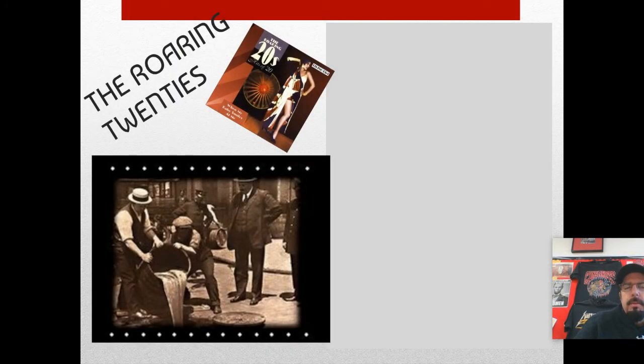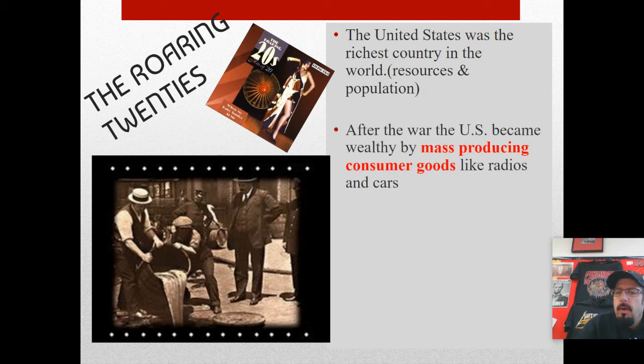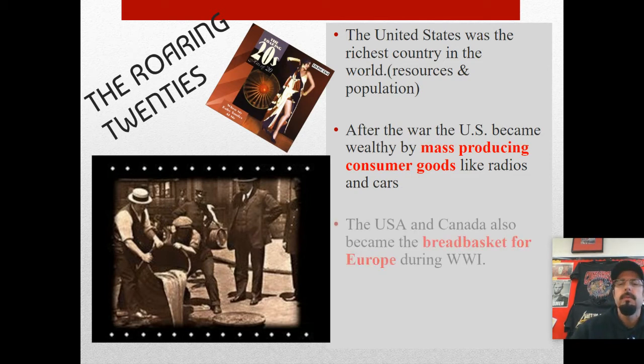So, once again, a little bit of a history lesson. The Roaring Twenties, the United States was the richest country in the world, with vast amounts of resources, and a population that was a hardworking, resilient group of people. After World War I, the US became wealthy by mass producing consumer goods, for example, radios and cars. And people, at least initially, were buying these radios and cars and many other items, of course.